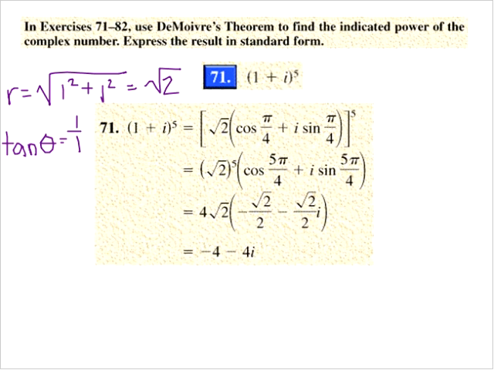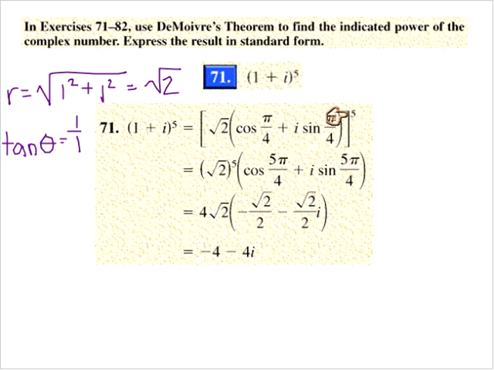And because we are dealing with quadrant 1 here, because the point (1, 1) falls in quadrant 1, tangent equals positive 1 at pi over 4. So that is how we started out here in the trigonometric form. So we get the square root of 2 times cosine of pi over 4 plus i sine of pi over 4. And all of this is to the 5th power.